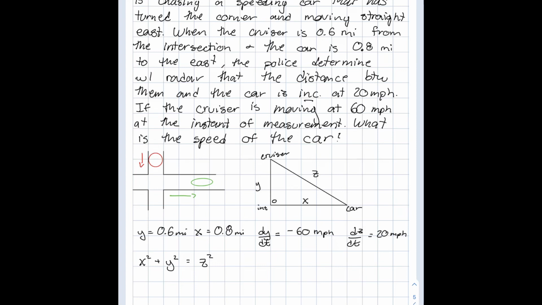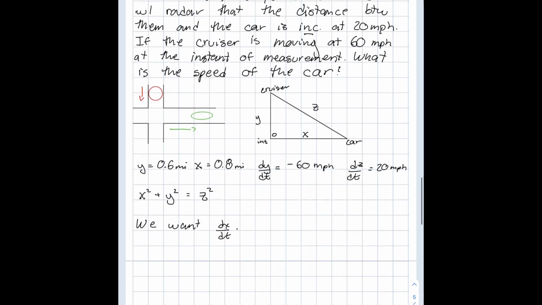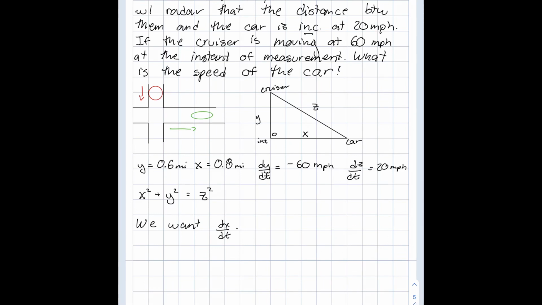So what are we trying to find? We want to know how fast the car is speeding. So we want the change in x, so dx/dt. Now we're going to differentiate with respect to t.